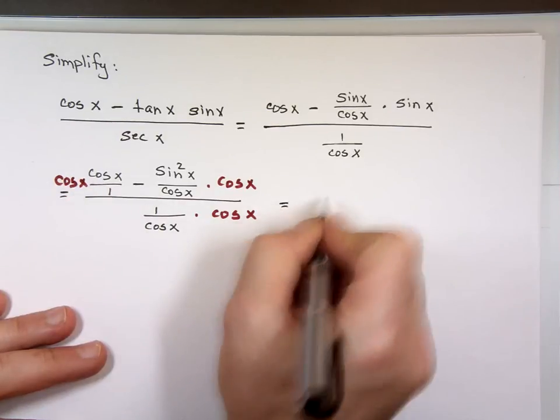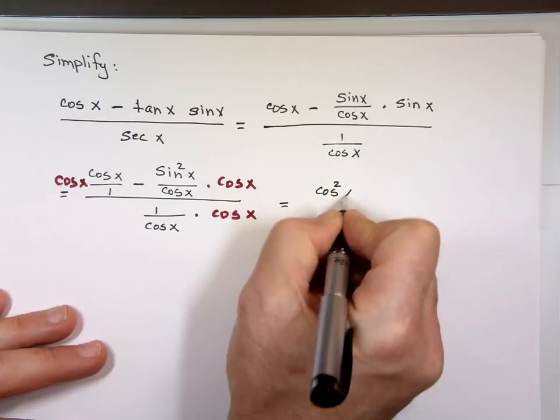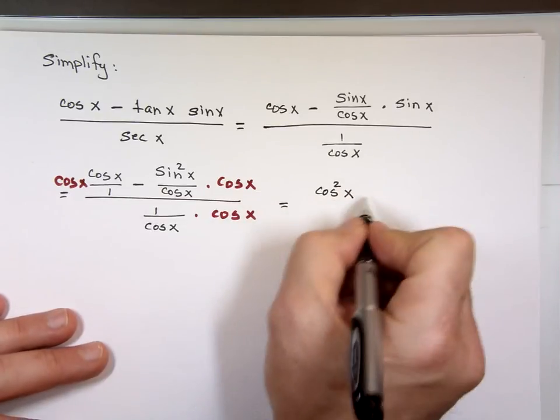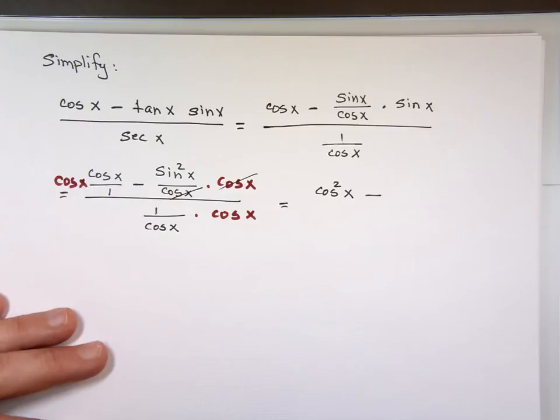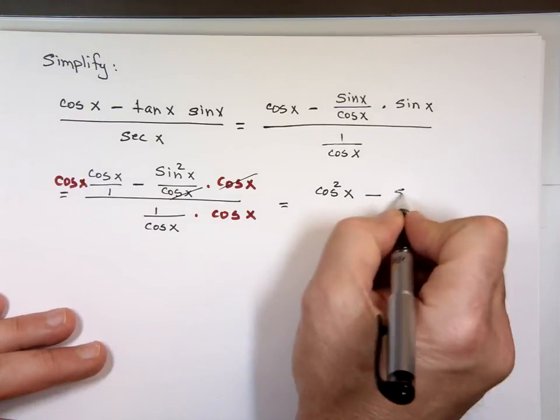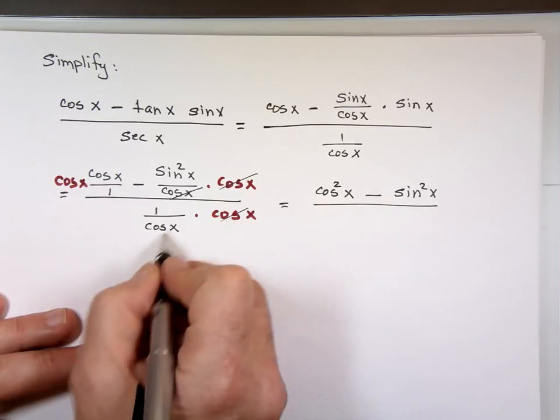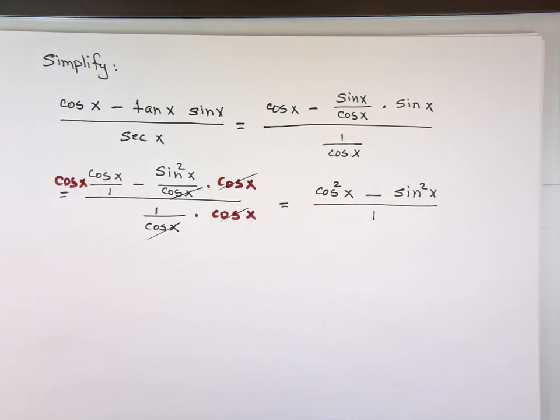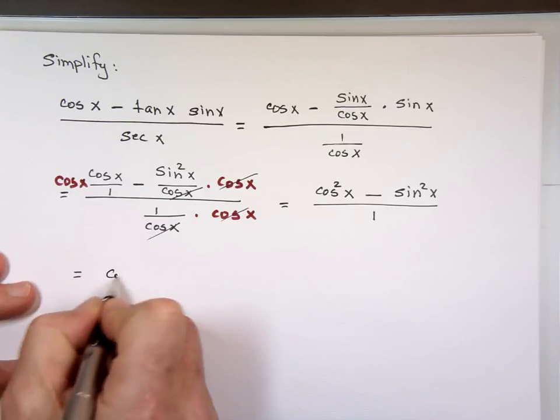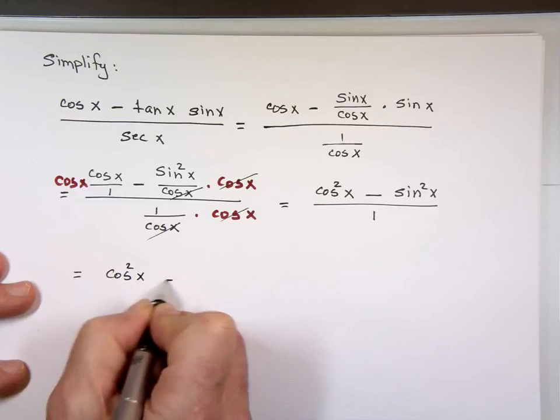Cosine squared x minus, these two will cancel each other out. You end up with what? Sine squared x. These two will cancel each other out. You end up with the 1 in the bottom. When you have a complex fraction, that's probably the quickest way to clean it. Multiply every single thing by the least common denominator. So here's my answer. Cosine squared x minus sine squared x.